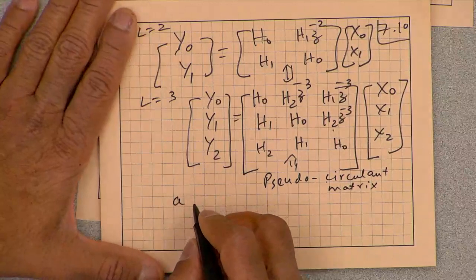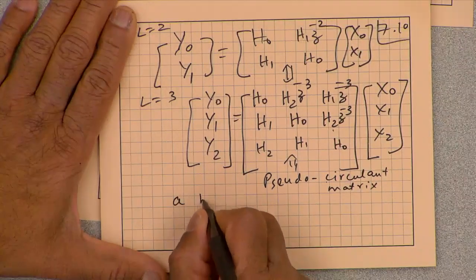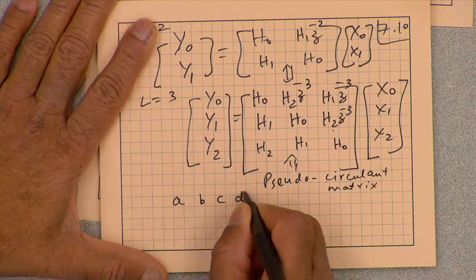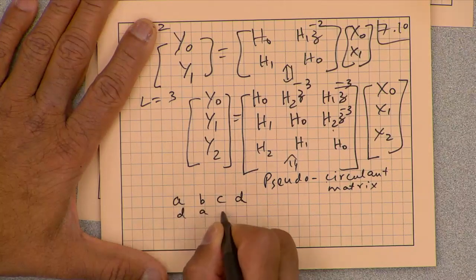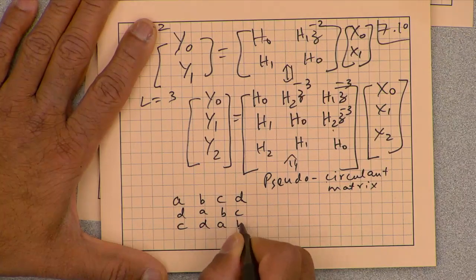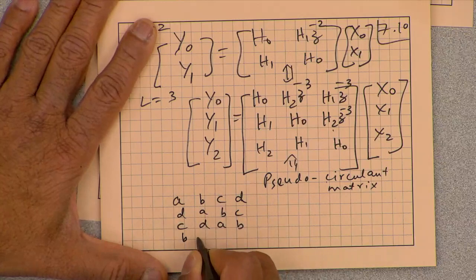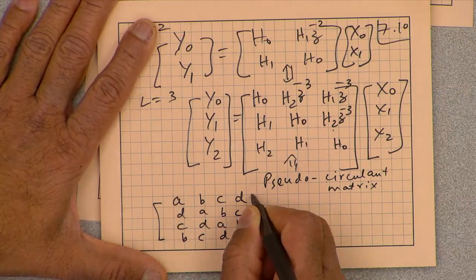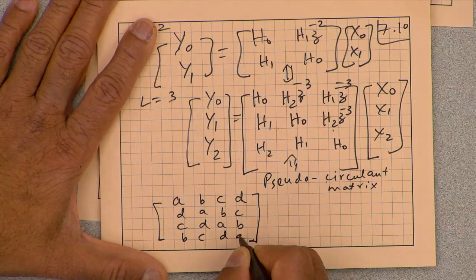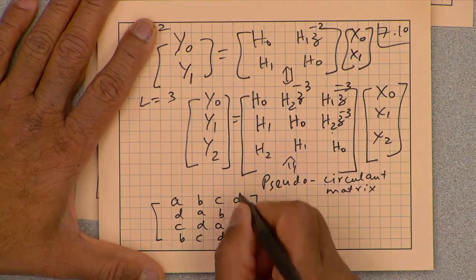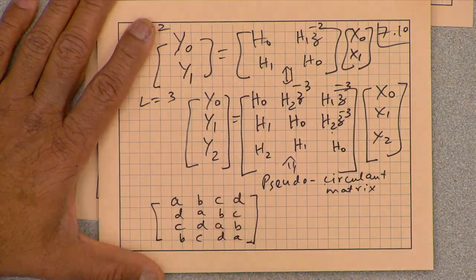If I have A, B, C, D, next row I circle D back: D, A, B, C, then circle C back: C, D, A, B, then circle B: B, C, D, A. That's called a circulant matrix because these are circulating back.